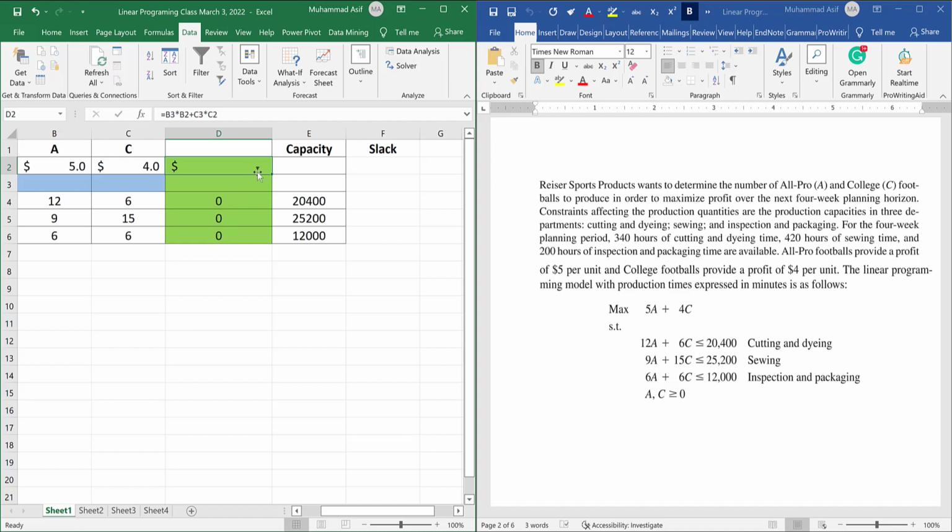Before going to the solver function, I would like to repeat these formulas one more time.